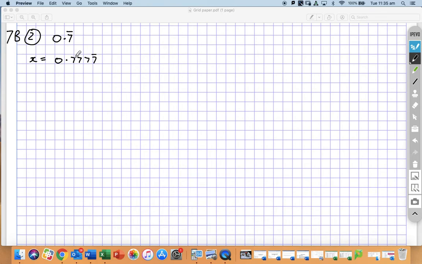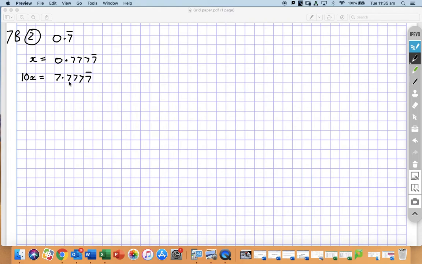Now, because my recurring starts in the first decimal place, that is my little cue to times this by 10. Now I'm going to consider what 10x is. It's 7.7777 recurring.